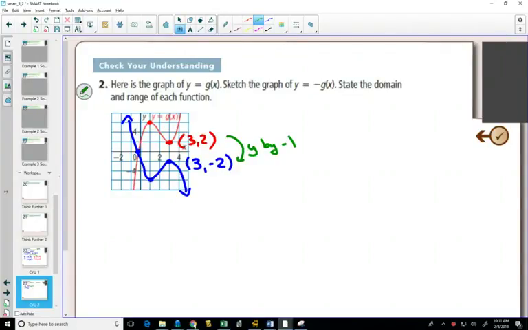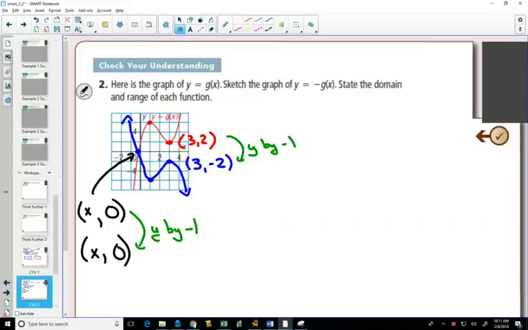So when we think about this point over here, I don't know what the x-coordinate is, it's (something, 0). When I multiply the y by negative 1, it's still going to be (something, 0). So that's an algebraic way of thinking about why it doesn't change.